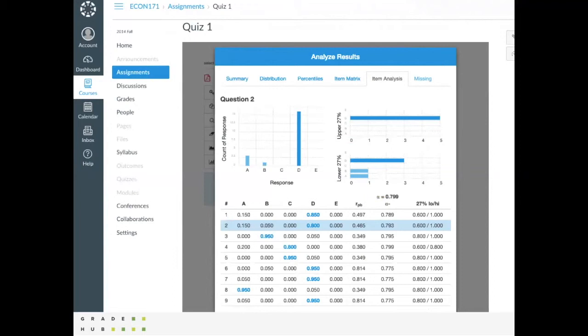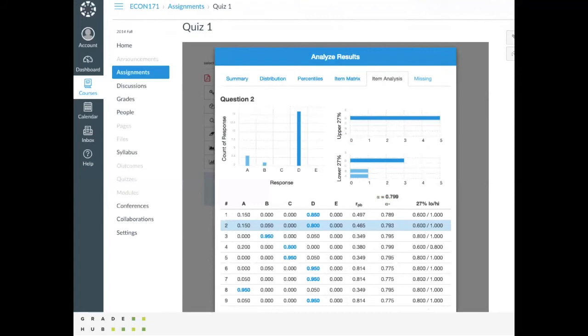Generally, you'll notice that the numbers are going to be a bit lower, simply because you're dealing with one item less in your computation. What you don't want to see is a huge bump in your reliability when this item is gone. It's kind of an indicator that this item is not doing its job.